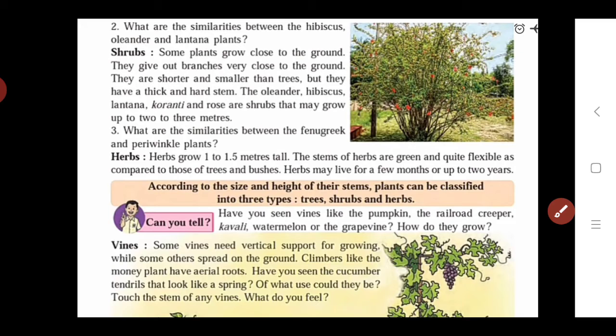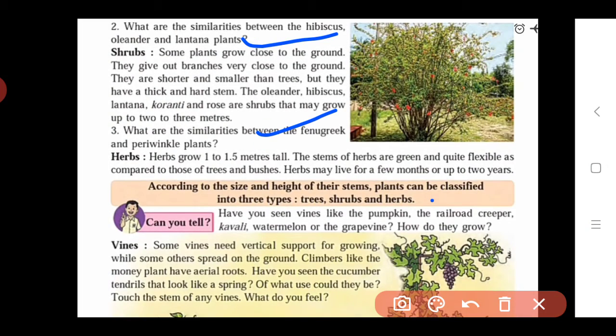Next type is the shrubs. For this we see the question: what are the similarities between the hibiscus, oleander and lantana plants? If we observe all these plants, what observations do we get?